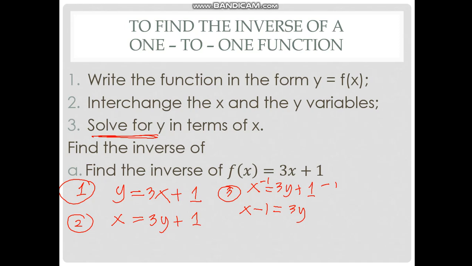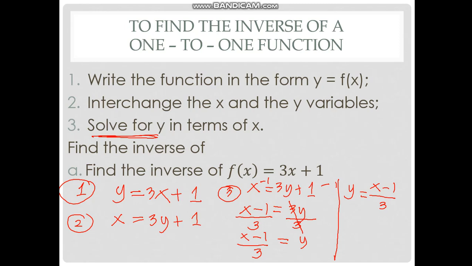Now, how are we going to eliminate 3? We can use DPE. So, we can divide both sides by 3. So, magiging y equals x minus 1 over 3. So, ito na yung inverse, y equals x minus 1 over 3.